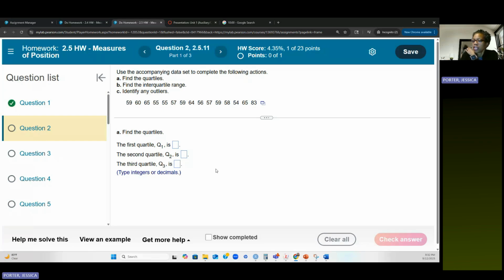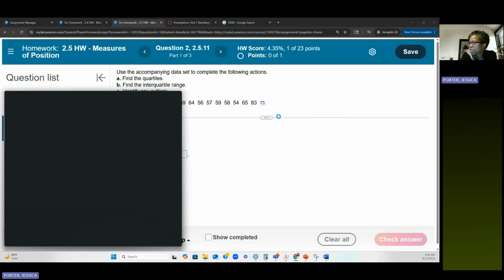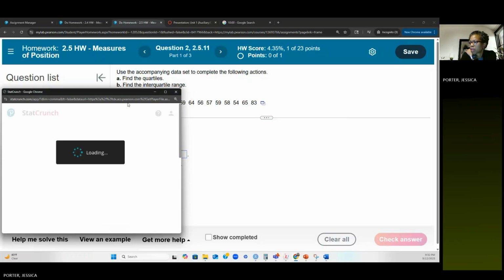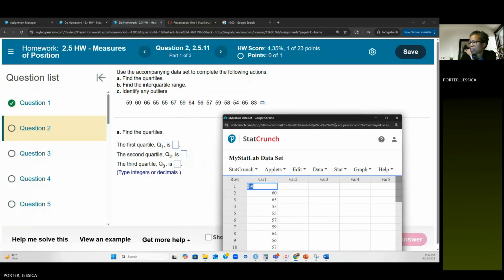Okay, let's look at question 2 before we get into the ogive charts. It says, find the quartiles, find the interquartile range, and then identify any outliers. So here is our chance to do this in StatCrunch. So open in StatCrunch. Graph.